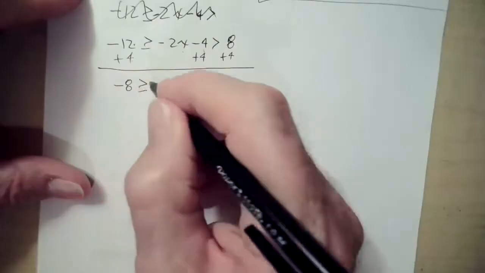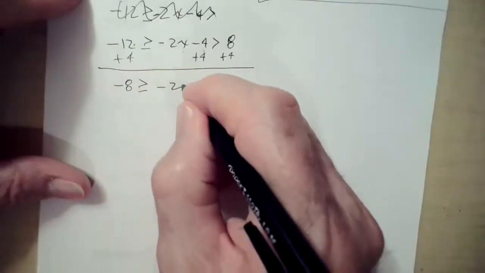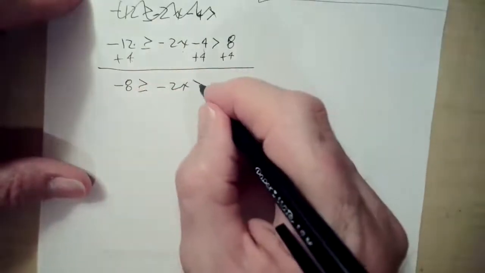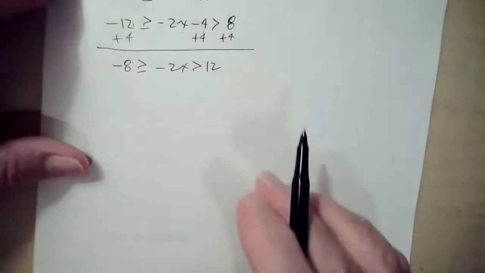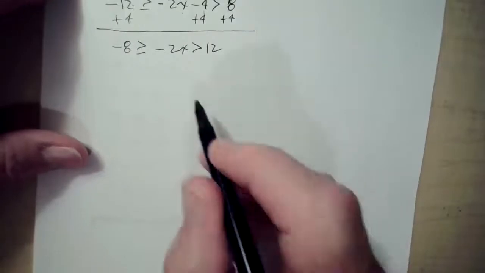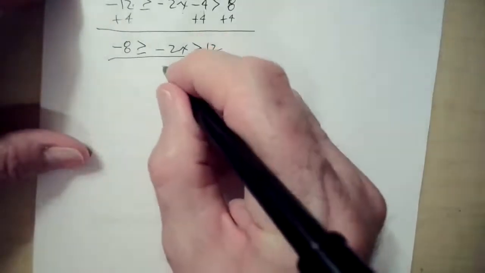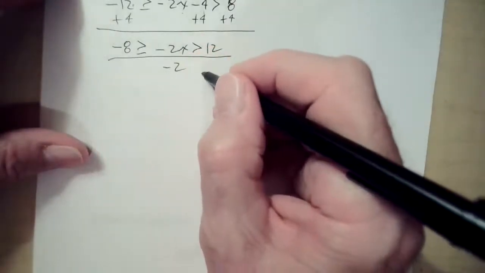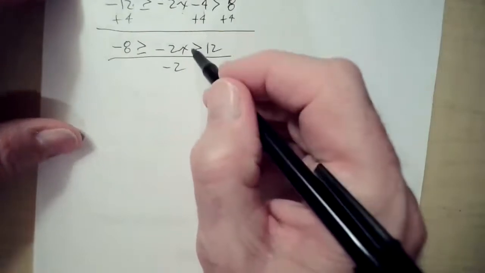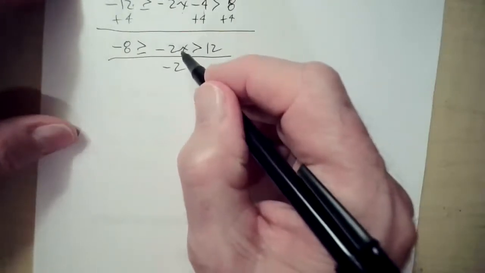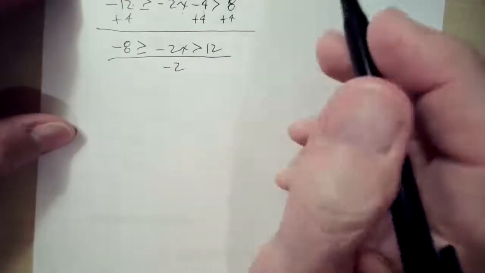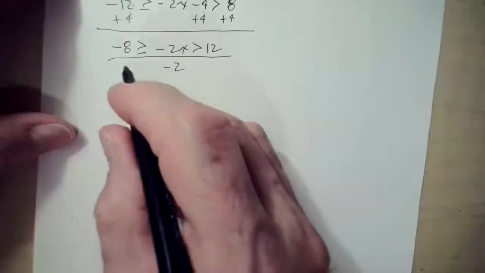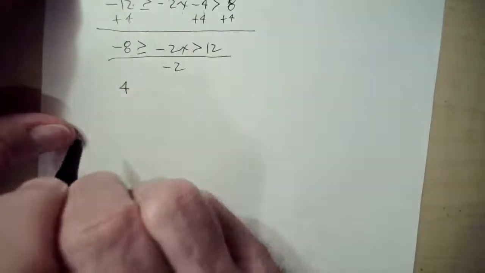Negative 12 plus 4 is negative 8, greater than or equal to negative 2x, greater than 12 plus 4. Okay? Now we're going to divide by a negative number, so we're going to have to change all the signs because we're dividing by a negative number.